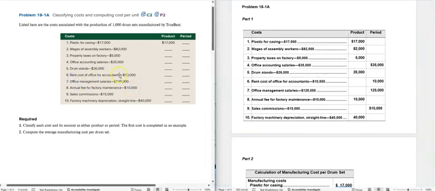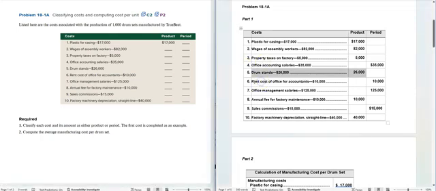Rent costs of the office for the accountants. Again, the only reason they need an office space for the accountants is because they have an overall business that not only makes the product, but they also sell it. Then they have all their other normal day-to-day operations, right? So the accountants are not a cost of making the product. They are what we call a cost of the period. So that would be a period cost.